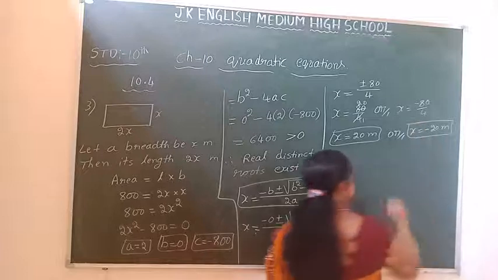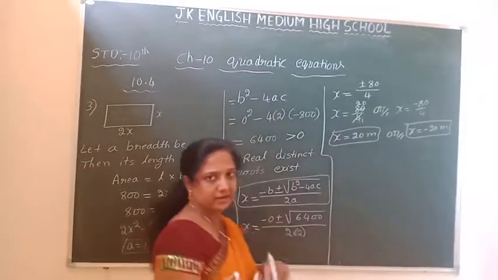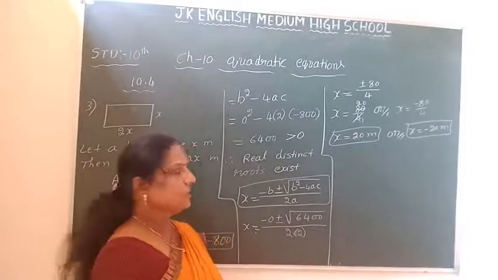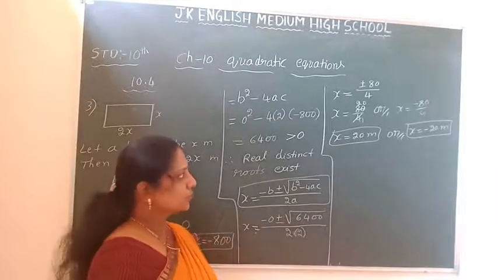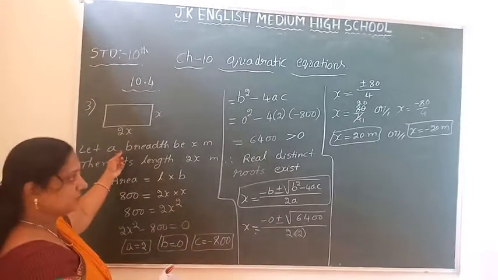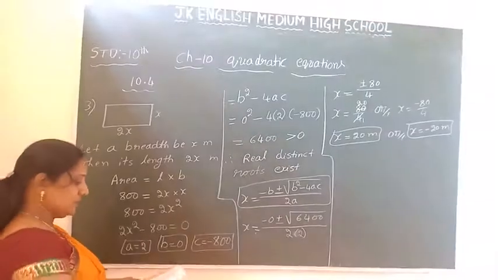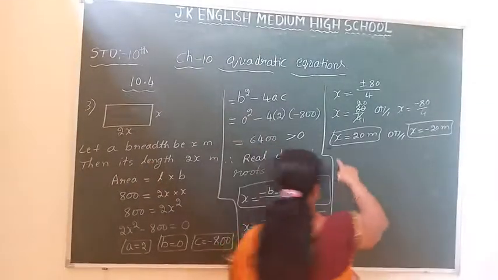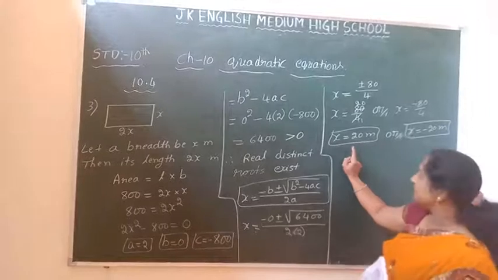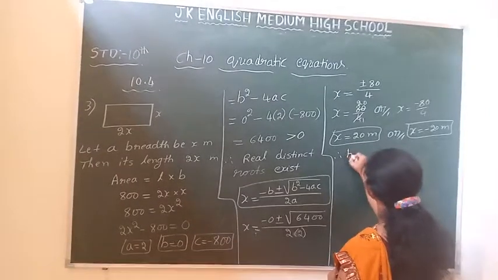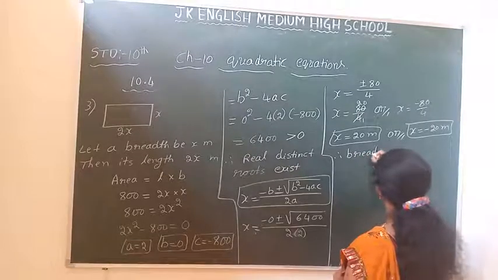Always, children, we consider the length of the rectangular field to be positive. We will not consider the negative value. So according to the question, I have to find the length and breadth. Let the breadth of the rectangular field be x, so the breadth of the rectangular field becomes 20 meter.